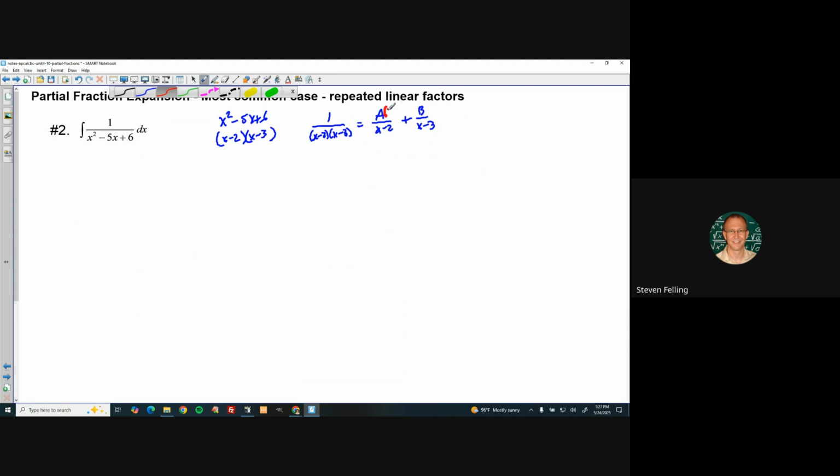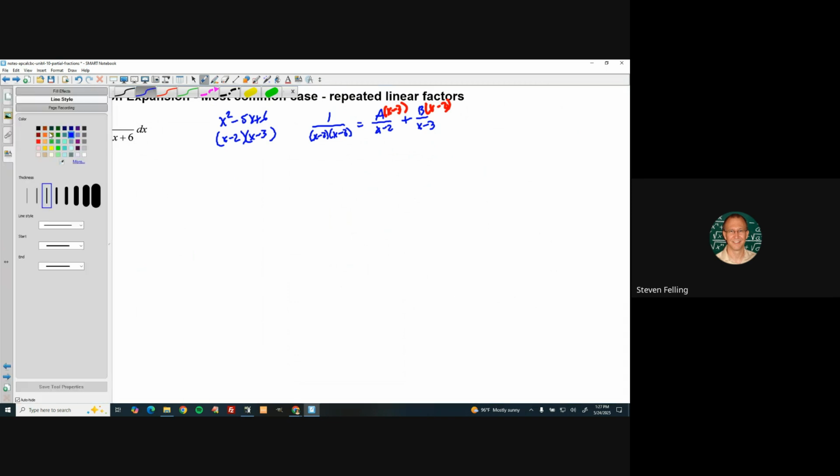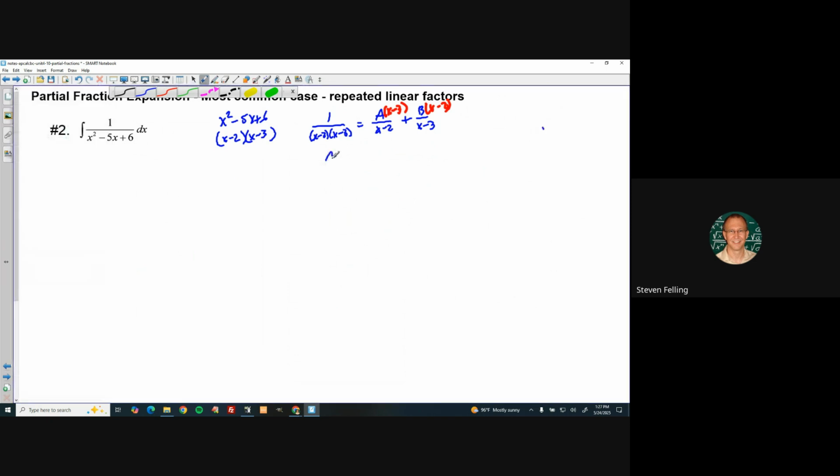I know this one has to be multiplied by the other one's denominator, each one. So I'm just going to say this is a times x minus 3 plus b times x minus 2. Each one's multiplied by the other one's denominator to get a common denominator. And the numerator is 1.